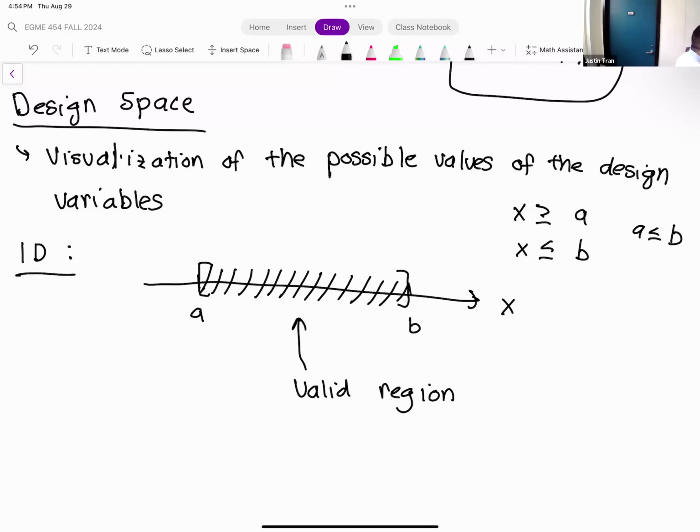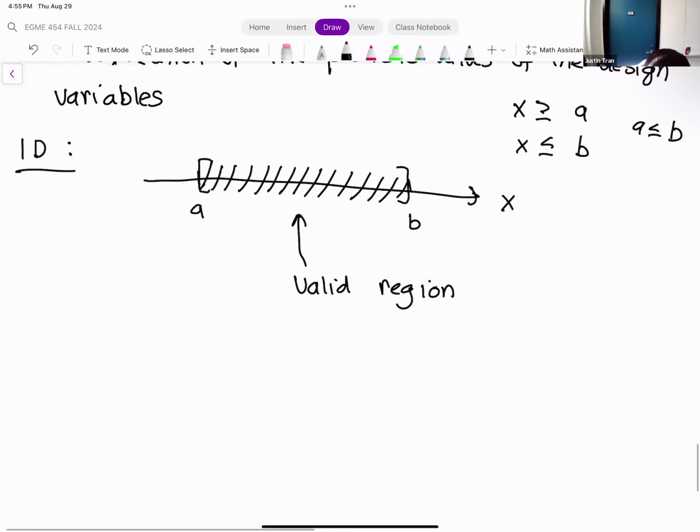So our optimal value of x, we're constraining to be somewhere in that range. In one dimension it's a little trivial, because it's easy for us to visualize an upper bound and a lower bound without really any pictures.